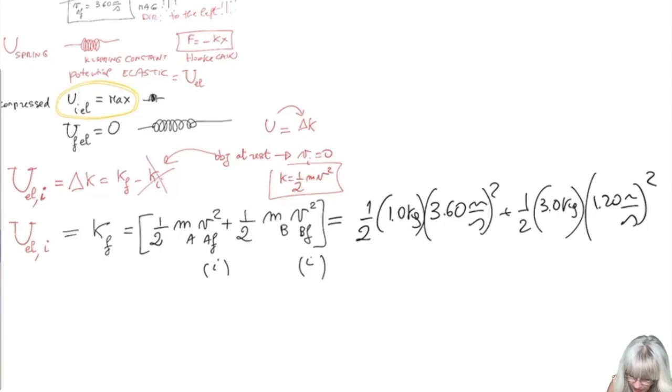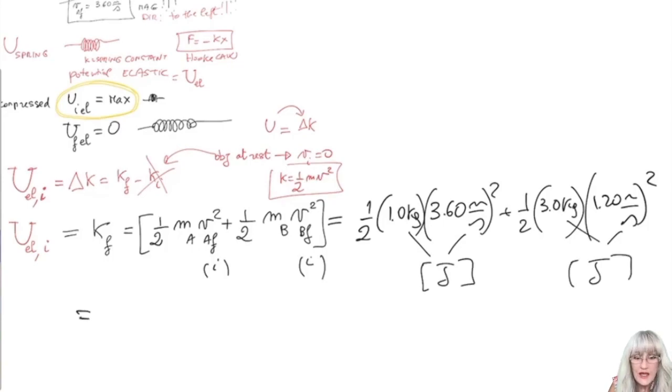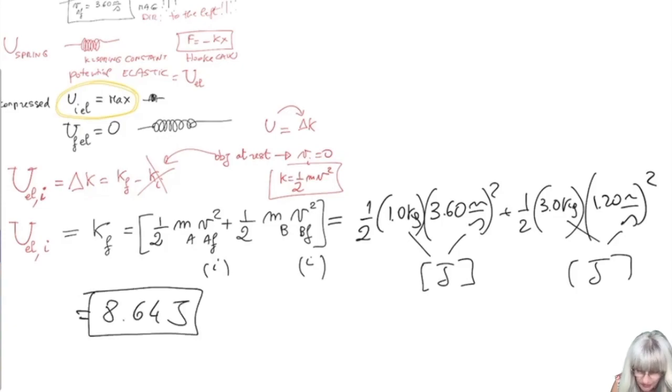Remember that the kilogram times meter squared per second squared is the joule. This gives rise to the joule as a unit of measurement. And the final answer is that the elastic potential energy stored in the spring comes out to be 864 joules. Frame it.